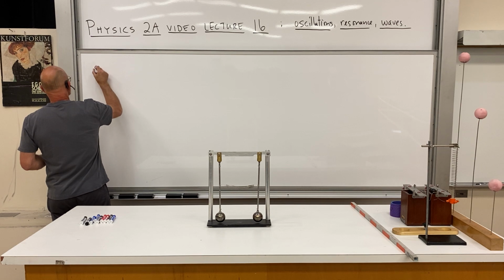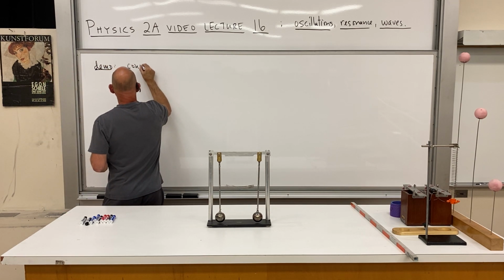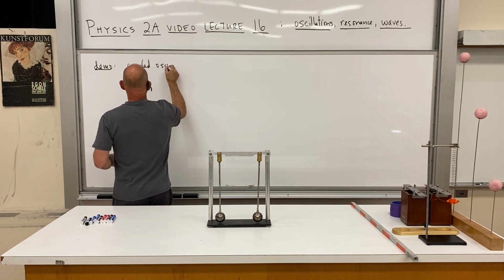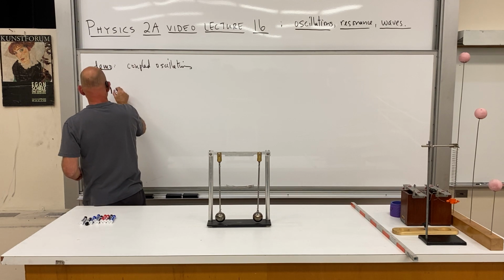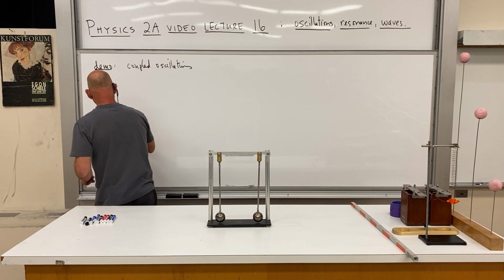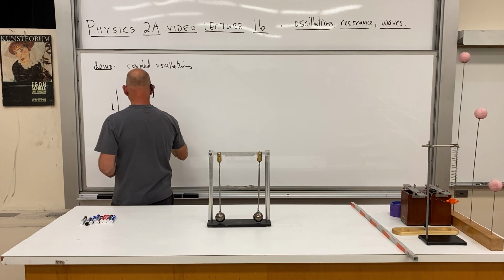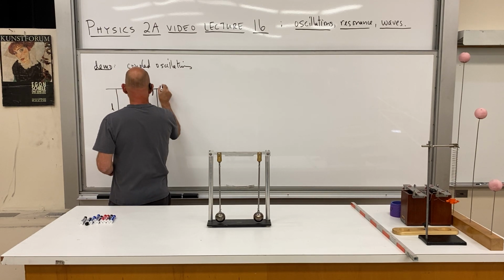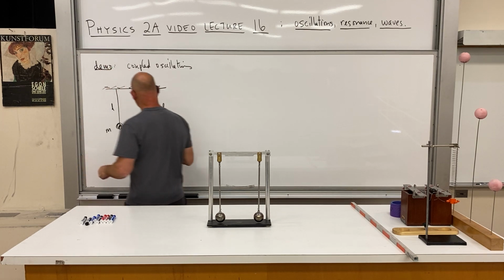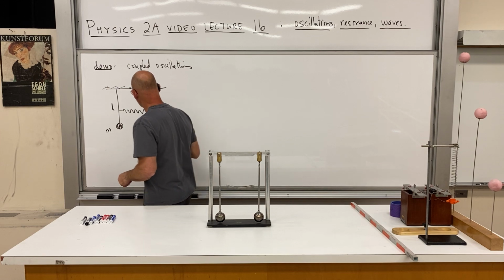So our demonstration, coupled oscillations. What we have here, just for the record, is a pendulum, mass m and length L, another one, mass m and the same L, suspended from this frame here, and a light spring.